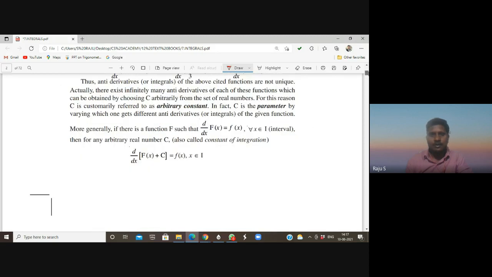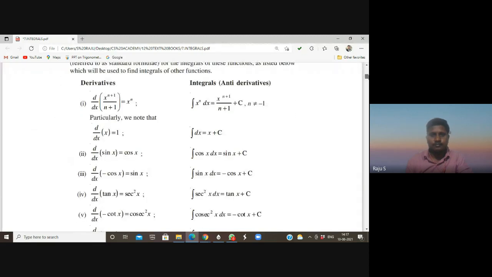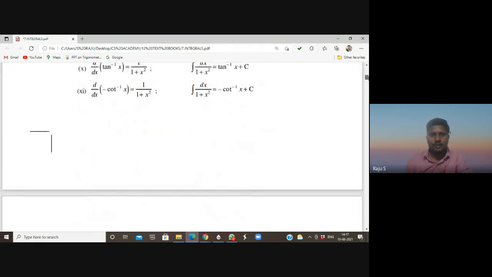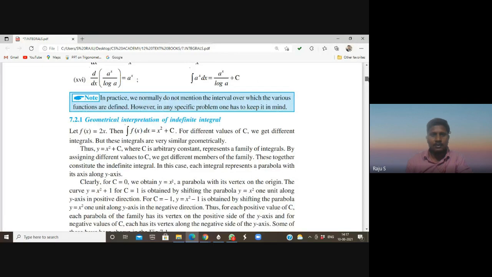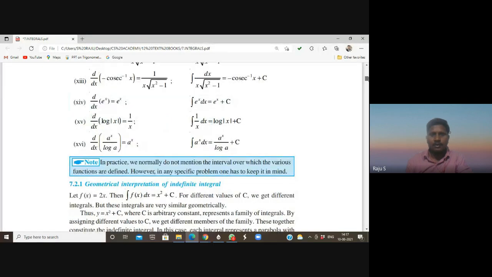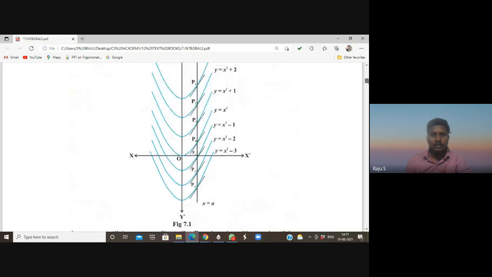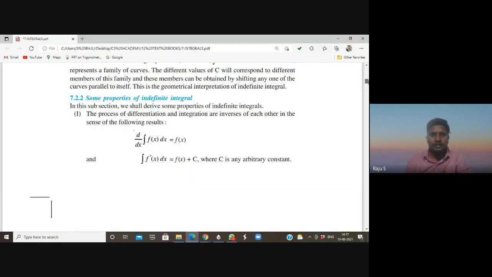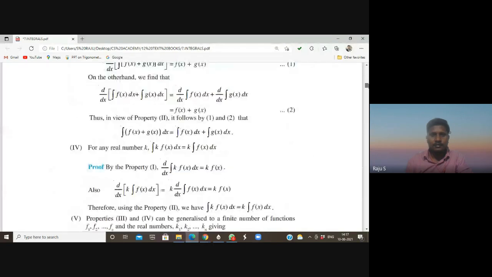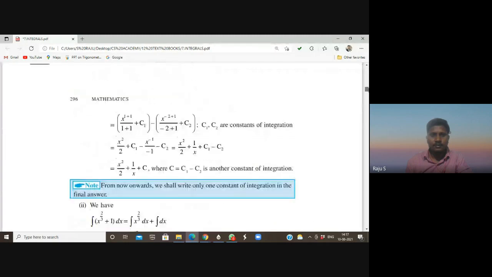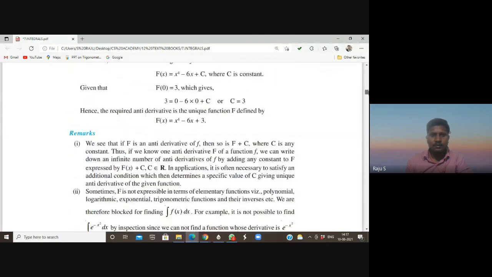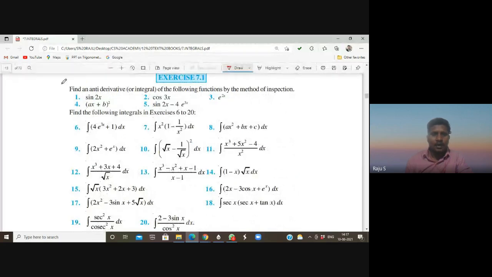Okay, students, the formulas are already given here. Few formulas are given. You can go through that. Some properties are there. Okay, questions 1 to 5, I'll do later.